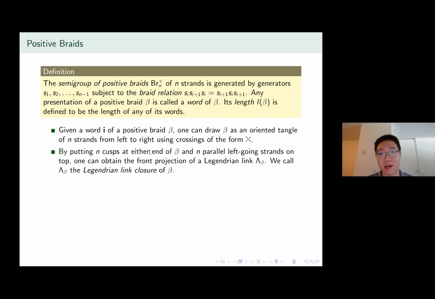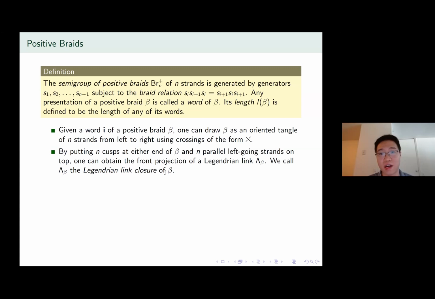For example, if you take sigma 1, sigma 1, sigma 1 in a 2-strand braid, you draw three crossings at the bottom, and then put in cusps at the two ends, and you get this front projection. So it is actually a Lagrangian link. We call this the Lagrangian link closure of the positive braid.